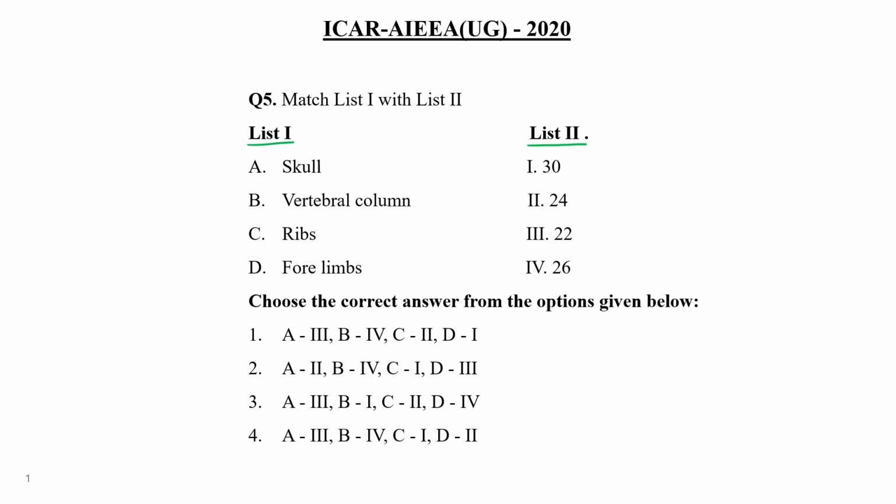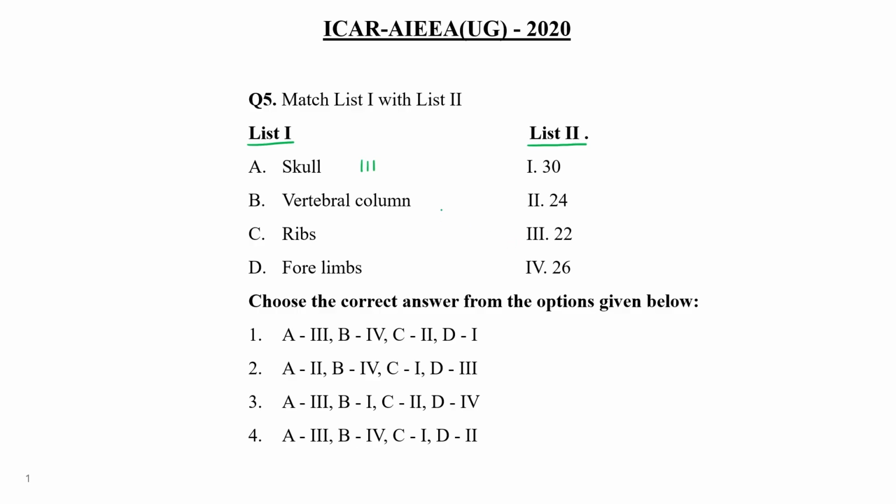And the hyoid bone. If we cut those parts, then the total number of bones present in our skull is 22. Okay. If we add that number also, then 29. So A comes with choice number 3. It is 22.